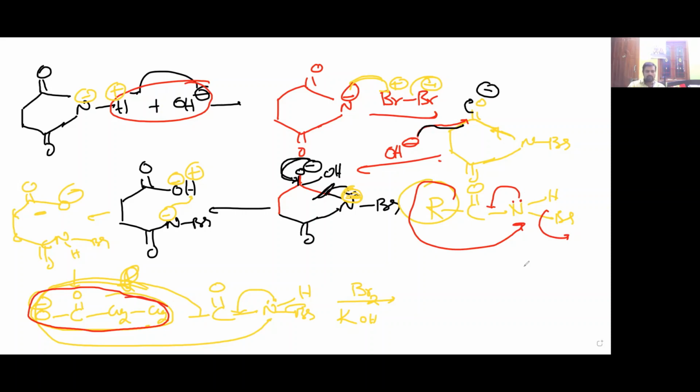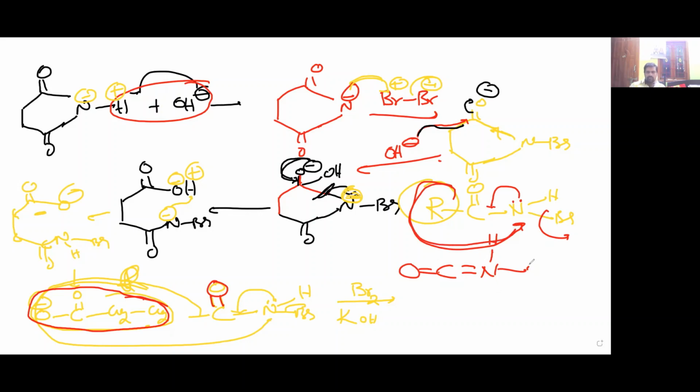Then you are going to get NH2. What is that? Tell me here. This is the C double bond O. Just remember C double bond O, here double bond N. This is the hydrogen connected to R. This is the R group.